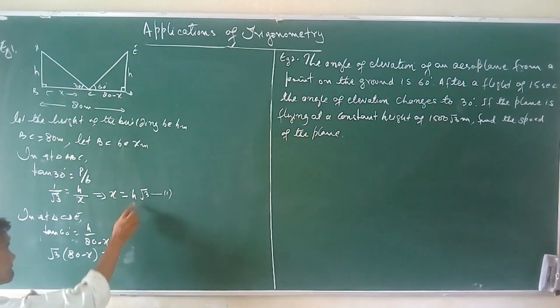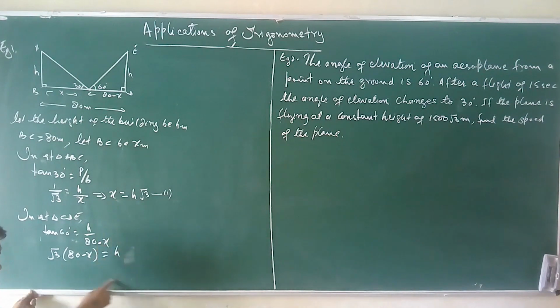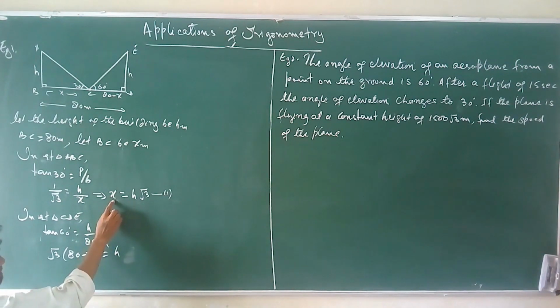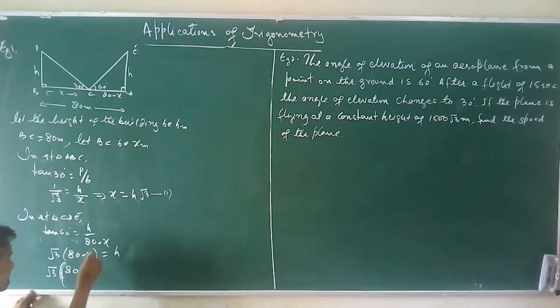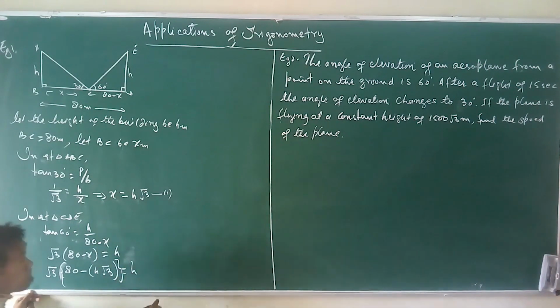So X value, the X value we get, so root of 3 times 80 minus X, bracket and negative, so negative bracket X, equals H root of 3, equal to H. That is positive.